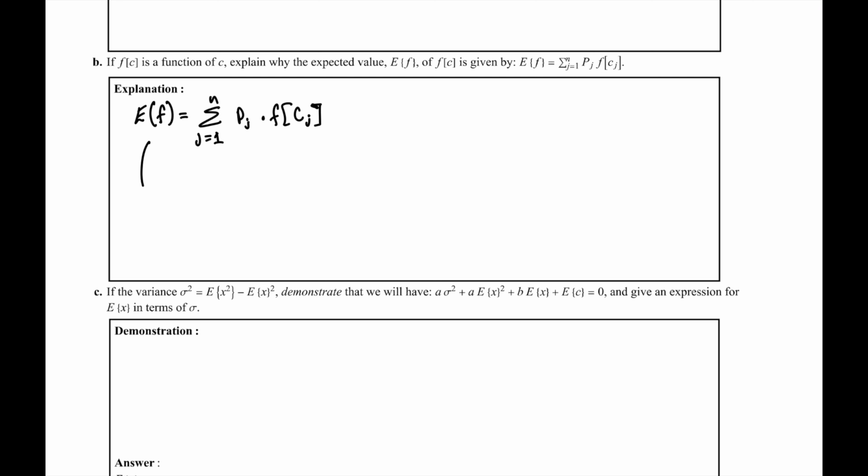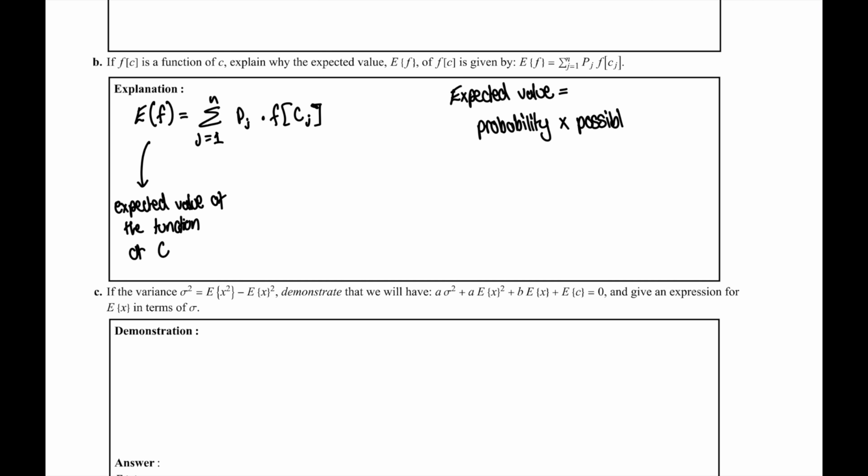If I rewrite this, the sum from j equals 1 to n of the probabilities times this function, this is the expected value of the function of c. To work out an expected value, we do the probability times the possible outcome, and then we sum these together.